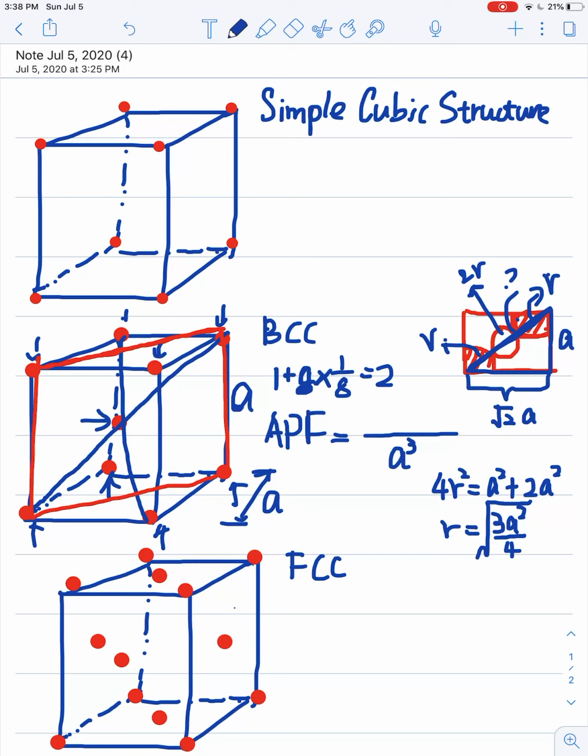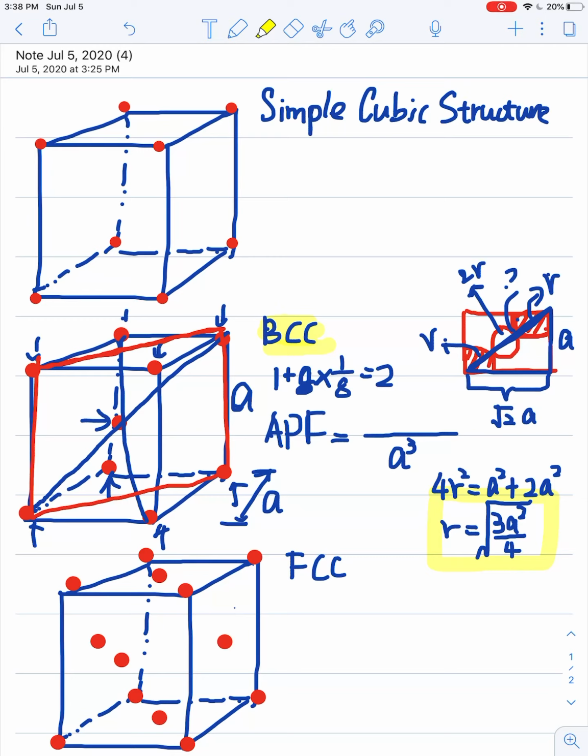But remember, keep that in mind. Let me highlight this relationship here. This is only valid for BCC structure. And for FCC, we're going to do the same analysis again to find the relationship between r and a. Okay, now since we have the expression for r, to calculate APF we need to know the volume of an atom, right?